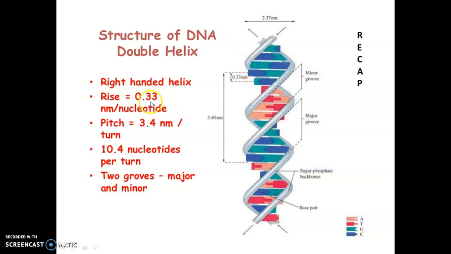In each rise 0.33 nanometer, pitch is 3.4 nanometer, 10.4 nucleotides per turn. And here you can see two grooves. This is minor groove and this is major groove.